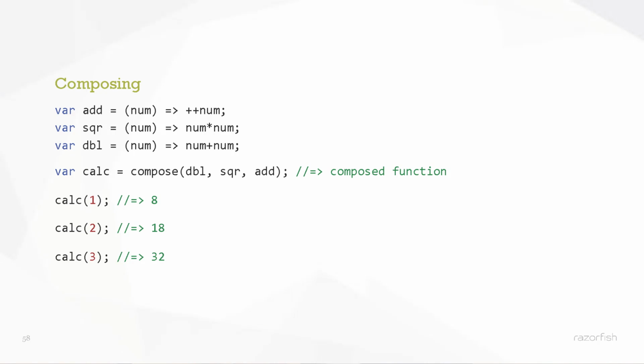And it starts from the right. So what it does, it applies add, and then whatever the result of that is gets passed on to square. It applies square, and the result of that gets passed on to double. And evaluate that, and then you get a return value.